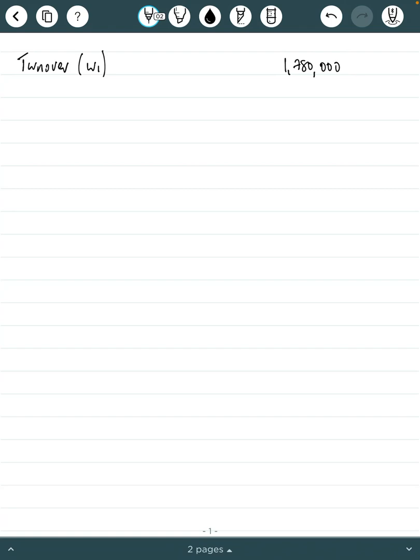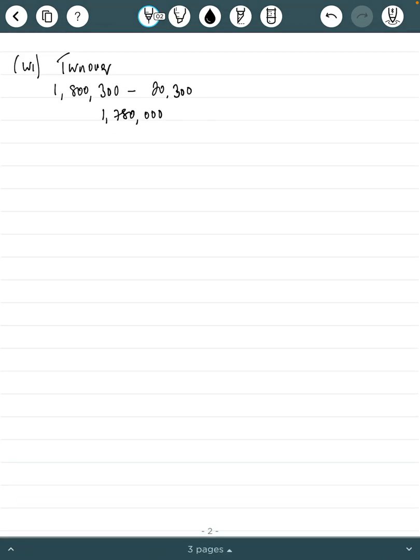So we less our cost of sales, and this is going to be our working 2. Working 2, cost of sales. The first thing with cost of sales is to get your opening stock, and your opening stock here was 91,000, taken straight from the trial balance.